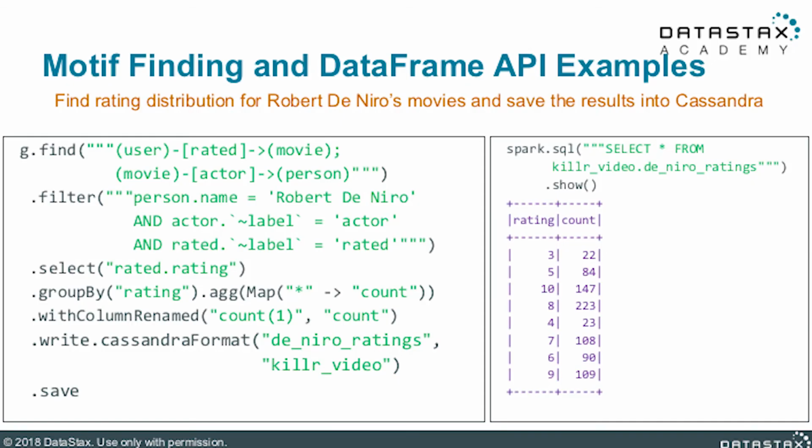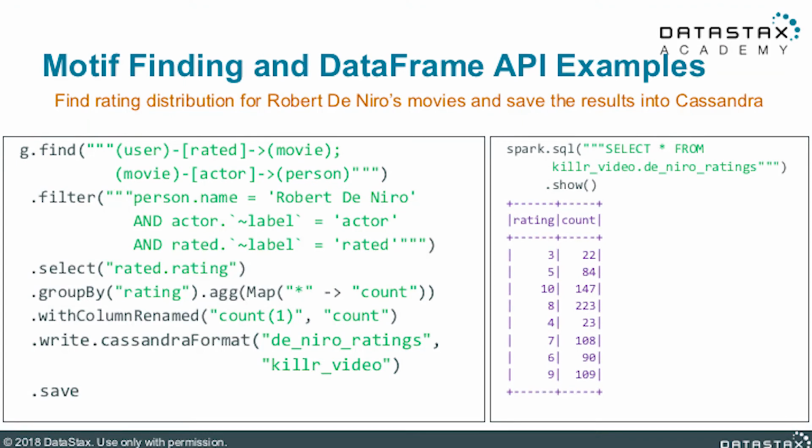The query itself should look familiar as it only differs from the previous example in the last 2 lines. Instead of ordering and displaying the result, we use Spark Cassandra connector to save the result into Cassandra. If the save into Cassandra code looks new to you, consider taking our course on DataStax Enterprise Analytics with Apache Spark on DataStax Academy to learn more.